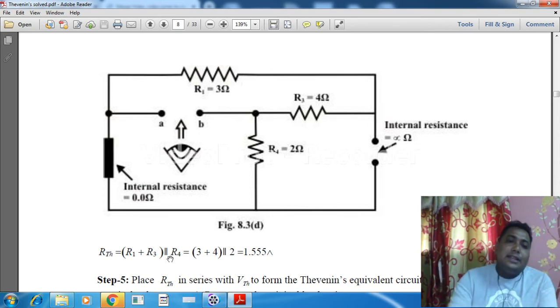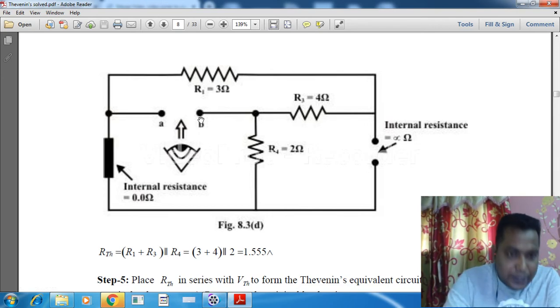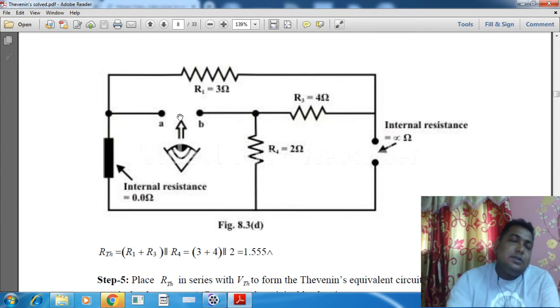So if we think there is a source connected between, follow my pointer, nodes A and B, the current will come like this and it will divide. The current passing through this R3 will come over this node. On this side, this is an open terminal, so it cannot go. So this way, it will flow through R1 and pass to the terminal.